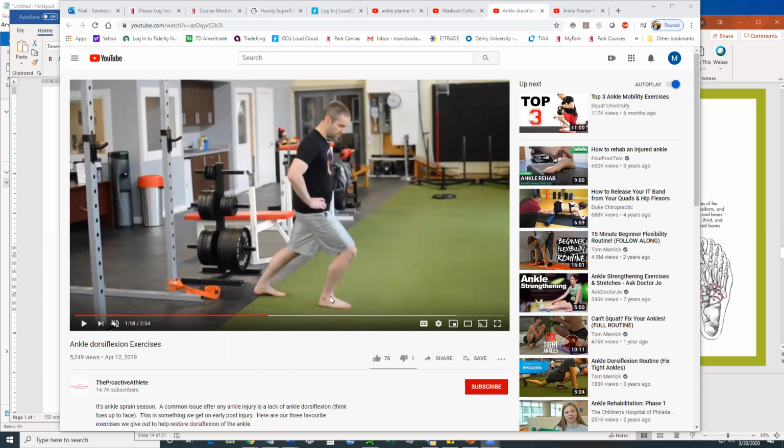So dorsiflexion, when he's doing this, the primary mover is tib anterior.